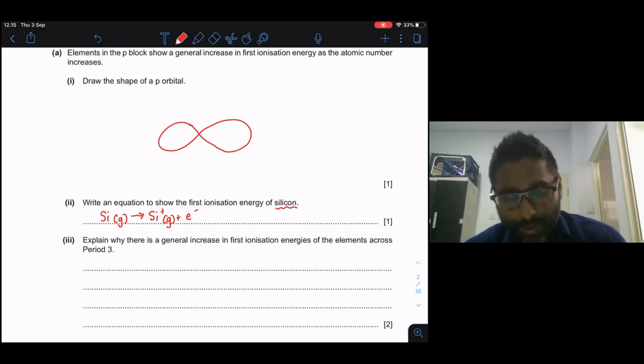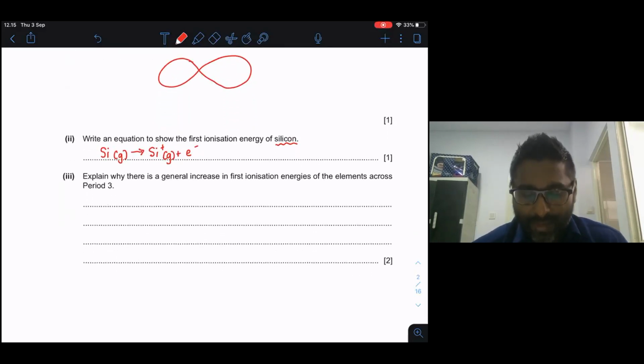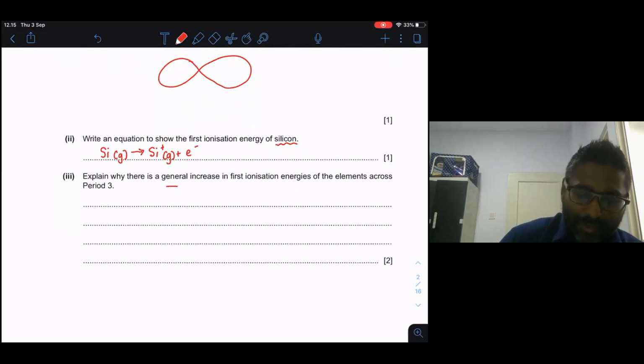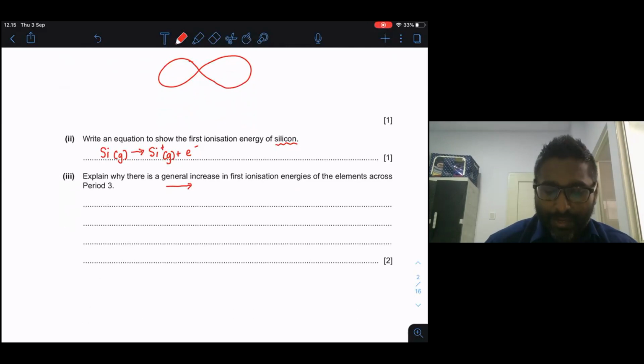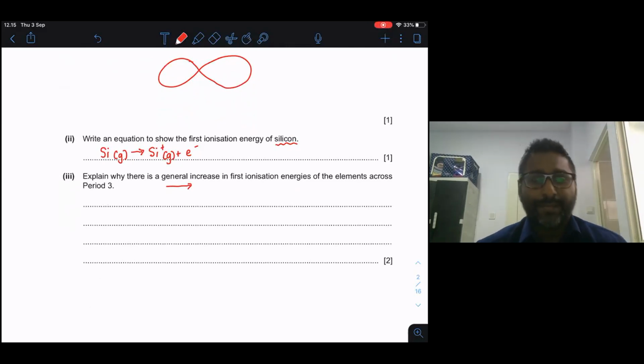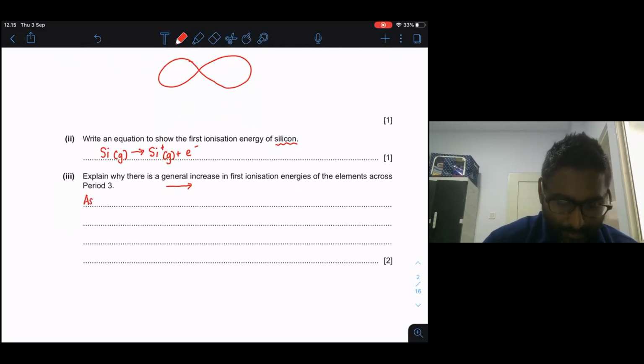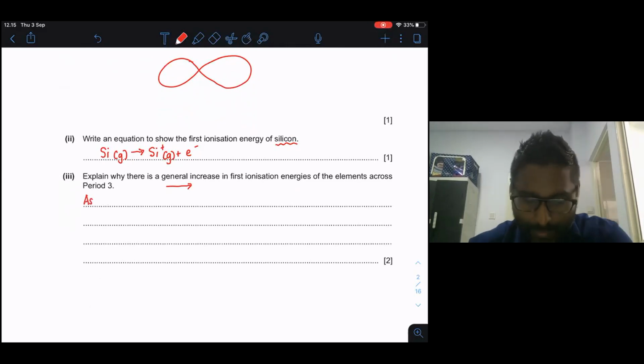Now explain why there is a general increase in first ionization energies of the elements across Period 3. Victoria, can you explain why when you go across Period 3, the ionization energy increases? Is it because of the charge, the proton?